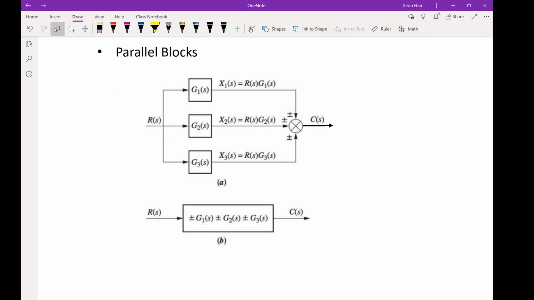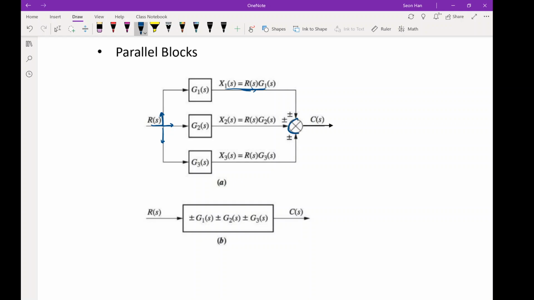Another type of block that you should recognize instantly is the parallel blocks. You have a signal that splits, going to three different places. So this is R, this is R, this is R, all on the left hand side. After you go through these blocks, you have R times G1 for the first one, R times G2, and R times G3.